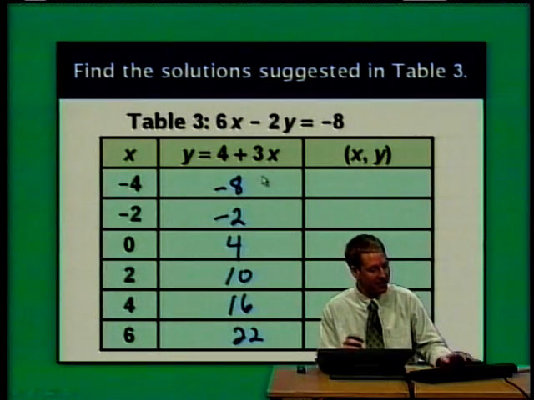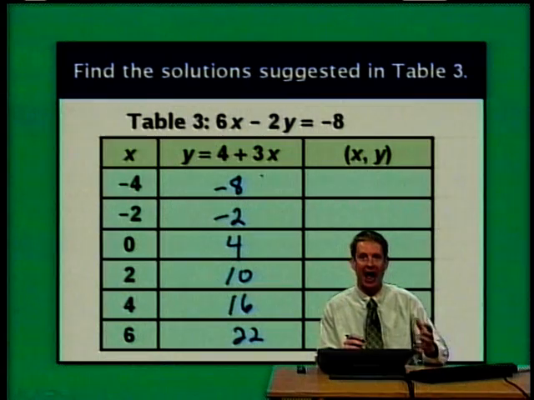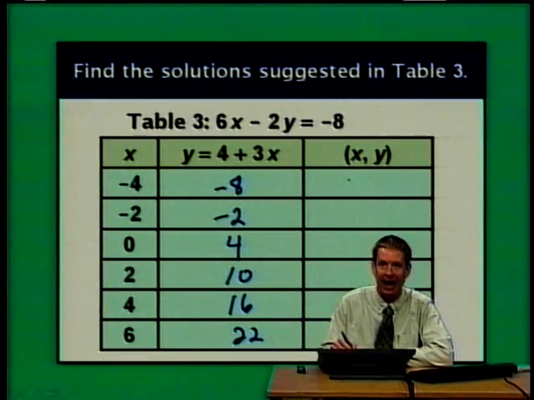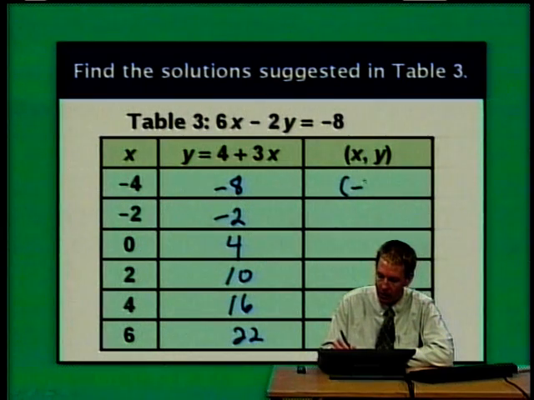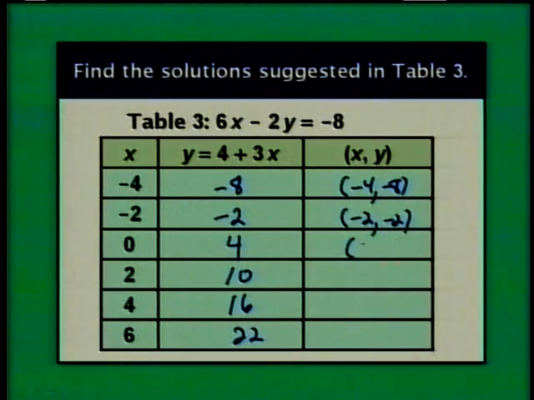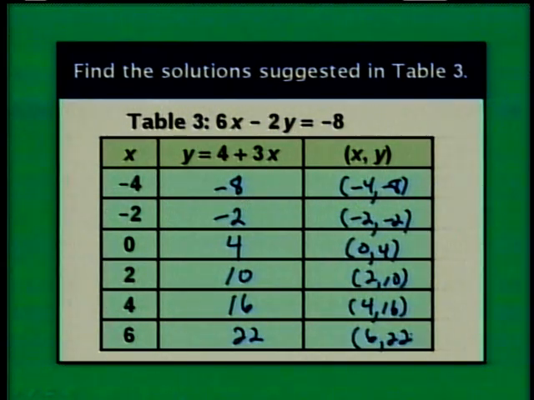Now let's remember, these numbers merely suggest points that are actual solutions, ordered pairs that are actual solutions. The actual solutions are the ordered pairs negative 4, negative 8; negative 2, negative 2; 0, 4; 2, 10; 4, 16; and 6, 22.